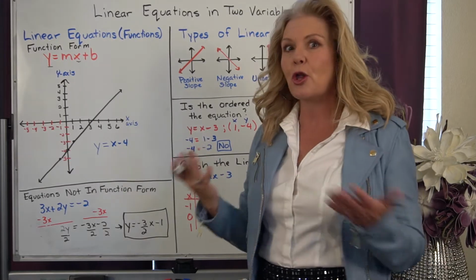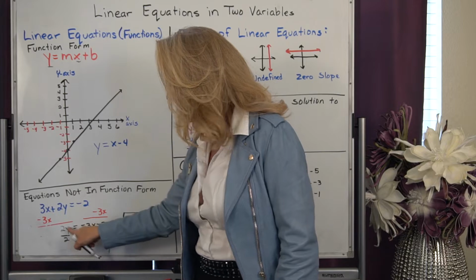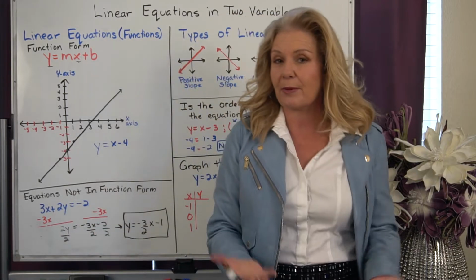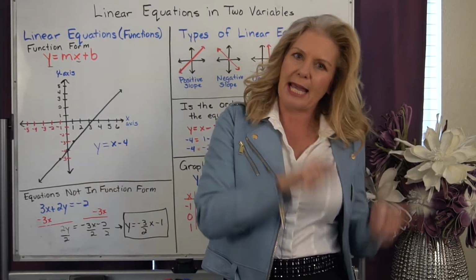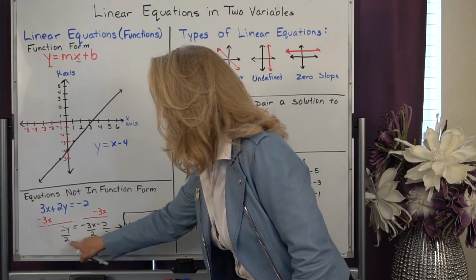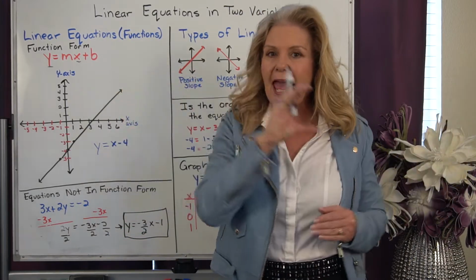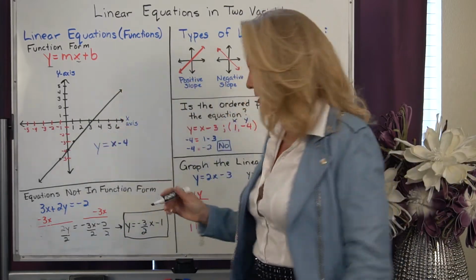Now I'm getting closer to my value, but notice it's a single y. I can't leave it at 2y. I need to get rid of that 2. So I'm going to use inverse operations to get rid of the 2 as well. So I'm going to divide by 2, but remember to keep it balanced, everything has to be divided by 2.